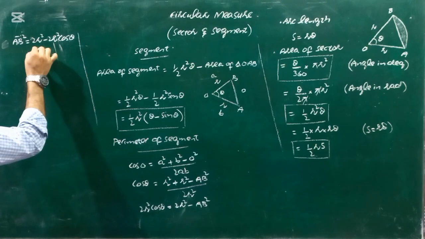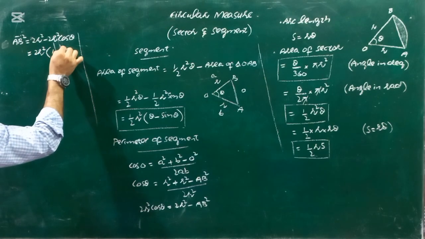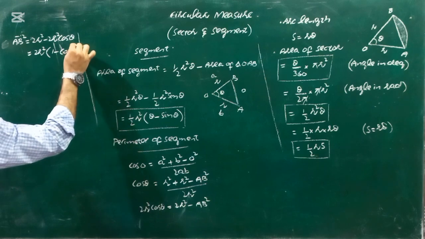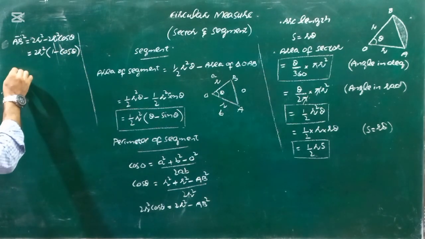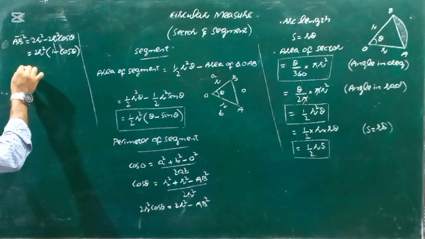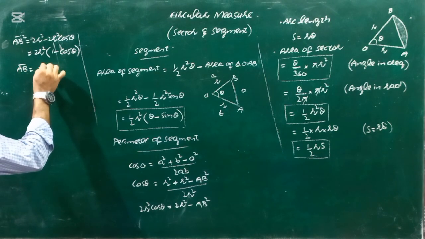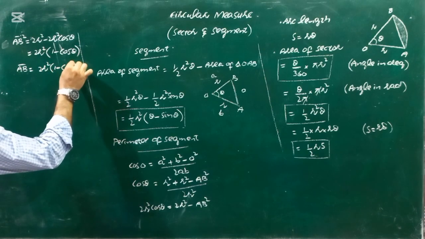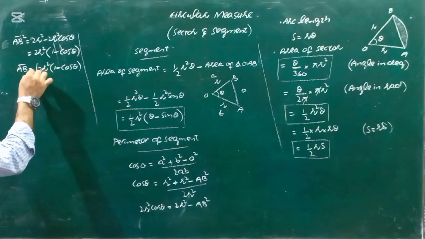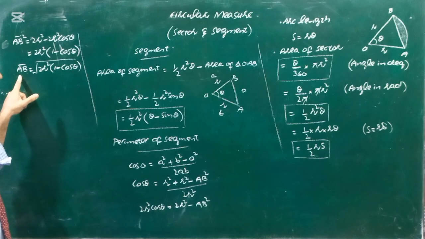From here 2R square will be taken as common. Remainder will be 1 minus cos theta. So taking square root of both sides, AB will be equal to 2r square into 1 minus cos theta whole square root. So this is the side AB.